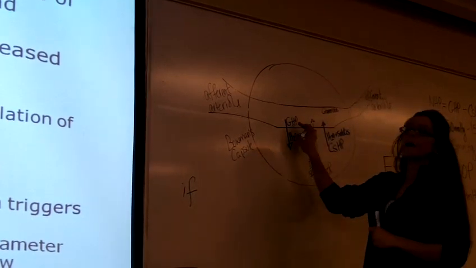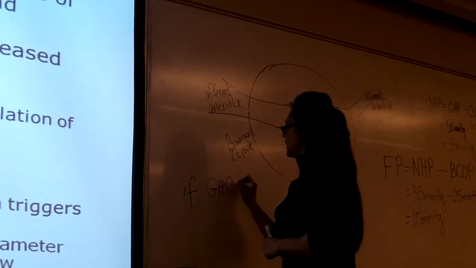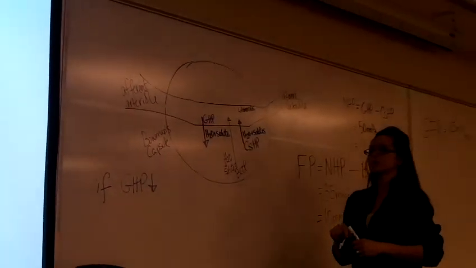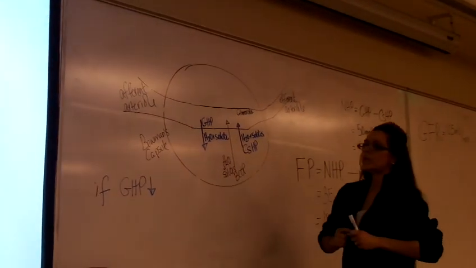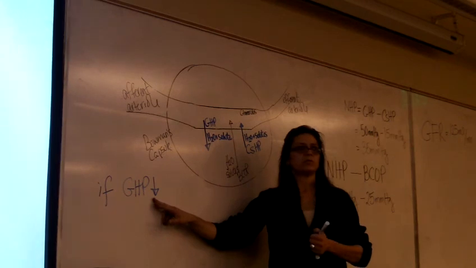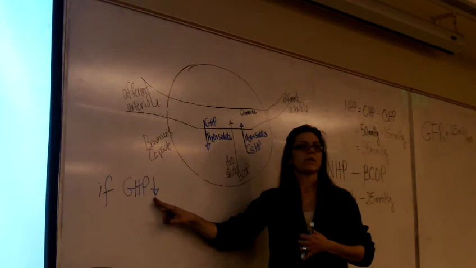If the glomerular hydrostatic pressure, the GHP, started to drop in this particular glomerulus, then that would cause less filtrate to be produced. Not homeostatically, but because of this.